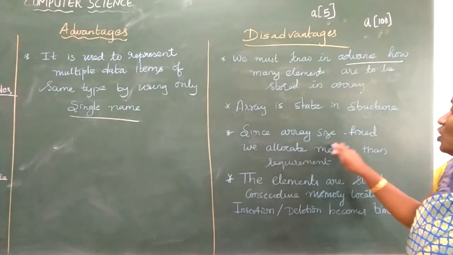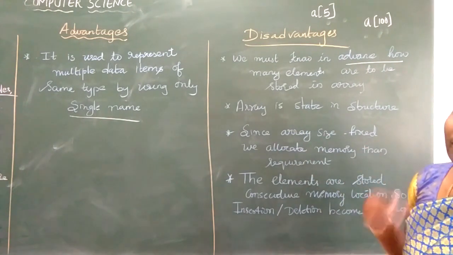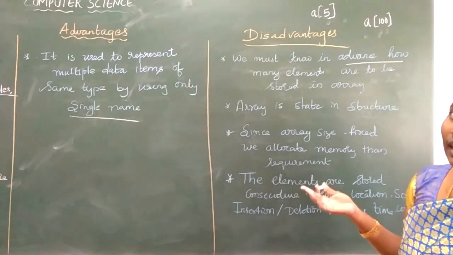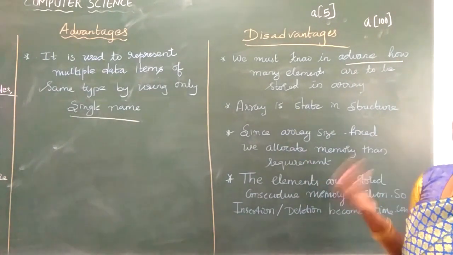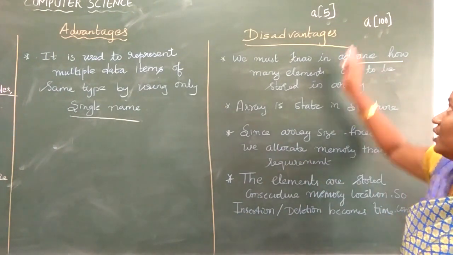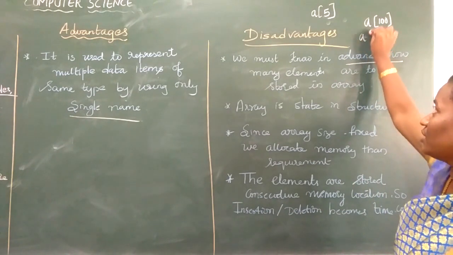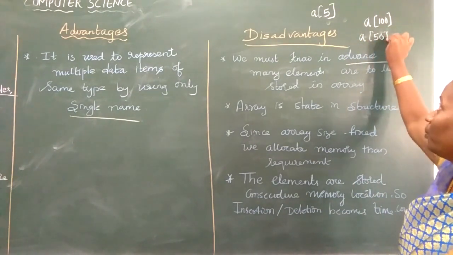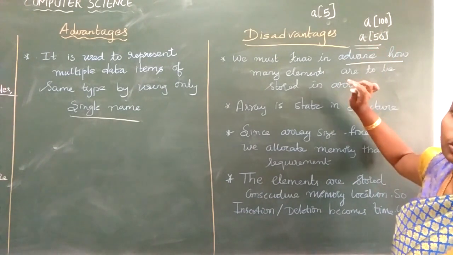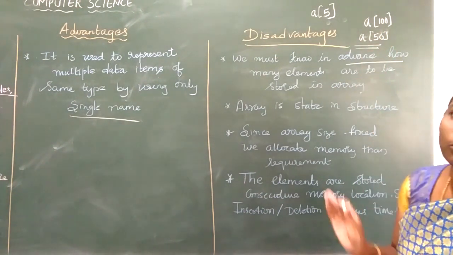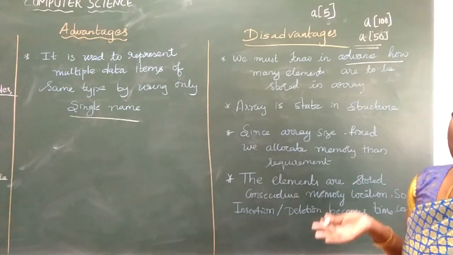That itself is the next disadvantage. Why? Because since the array size is fixed, we can't change it since it is static in nature. So we may allocate more memory than what we require. For example, usually we will give the array size as 50. Even in your first year or second year programs, you usually reserve an array size minimum of 20 or maximum 50.